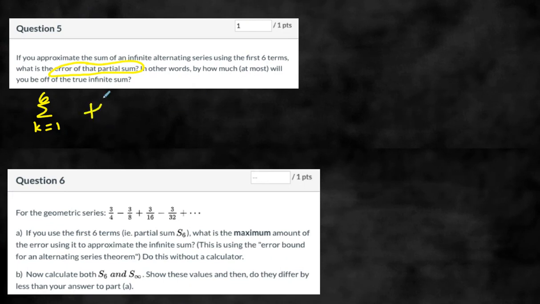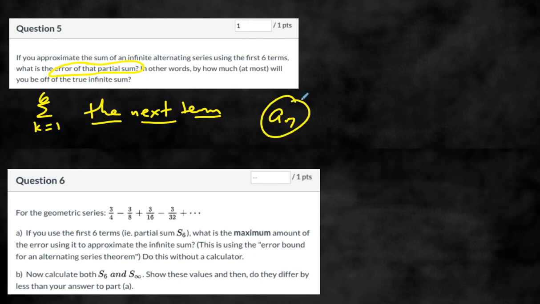It is simply the next term. That's it. There's an explanation of why that's true in another video I posted earlier today, but it's the next term. So if we're using 6 terms, then the 7th term would be the most that we would be off from the true sum. And that's the only answer you can give: a sub 7.